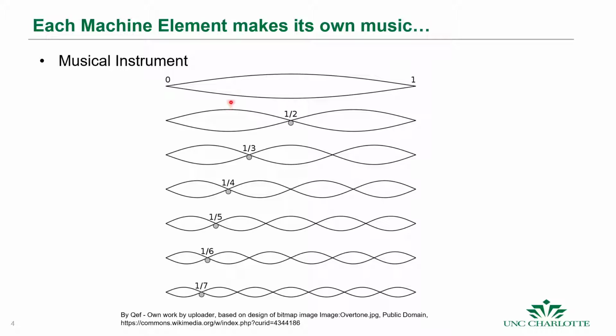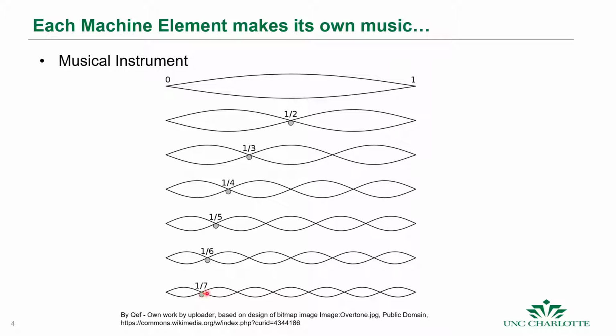As you can see, the amplitude goes down as we get into the higher mode shapes. When we go from the first to the second mode, we have half, when we go from the second to the third, we get a third, and then a fourth, fifth, sixth, and seventh.